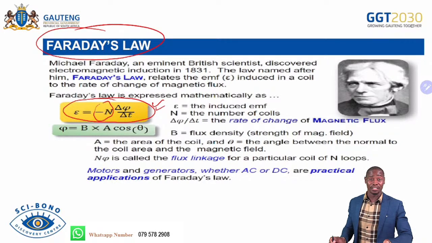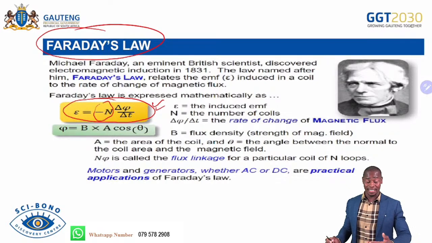If we use a stronger magnet, the EMF will increase. If we increase the number of turns, the EMF induced in a coil will increase. Even if we increase the speed of movement of the bar magnet, pushing the magnet in and out of the coil faster, the induced EMF will increase.